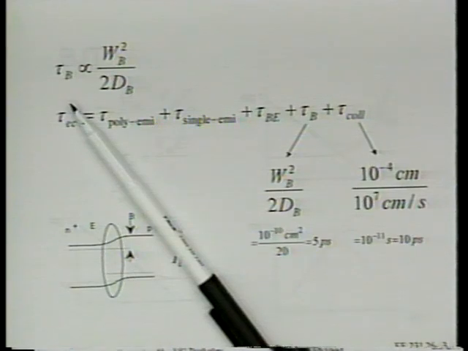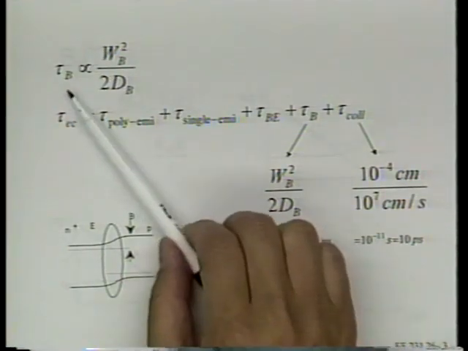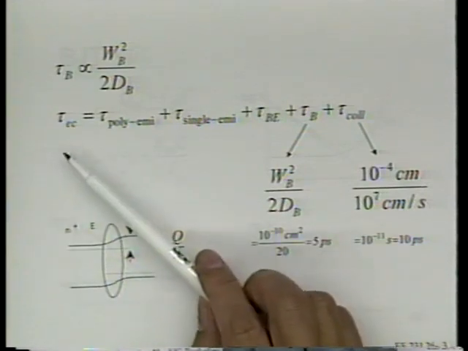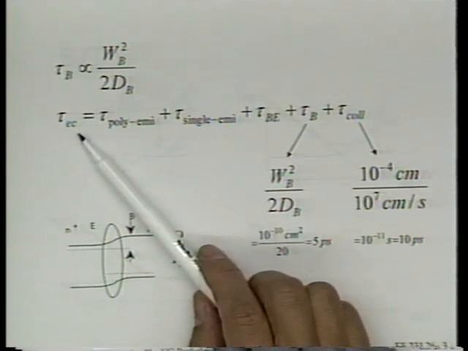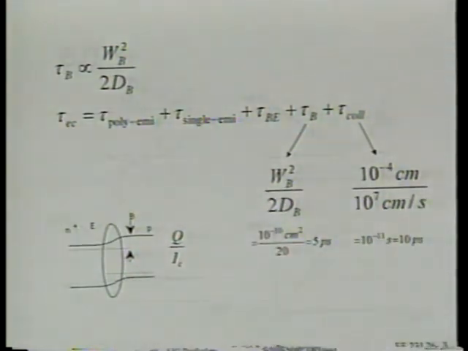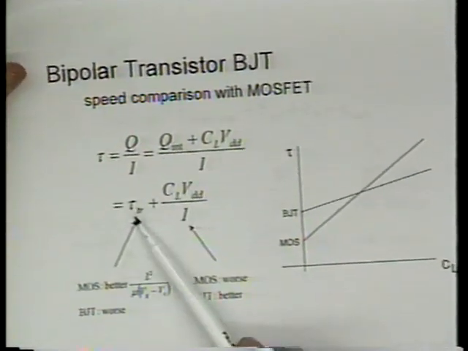What determines the speed of a bipolar transistor is things like transit time, right? Okay. But this is only one part of the transit time. We introduced this concept of transit time, tau_TR, earlier, two slides earlier. You can think of the transit time as actually involving transit all the way from emitter to collector. If there's some charge stored in polysilicon, anywhere there's any charge stored, it will contribute to the transit time.